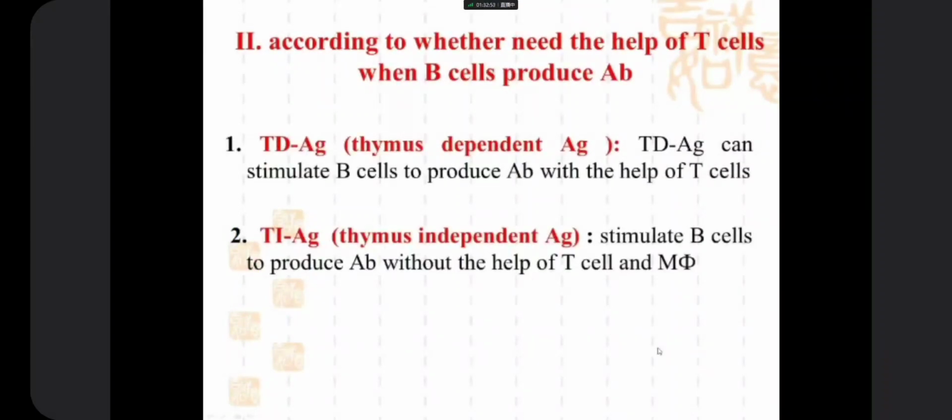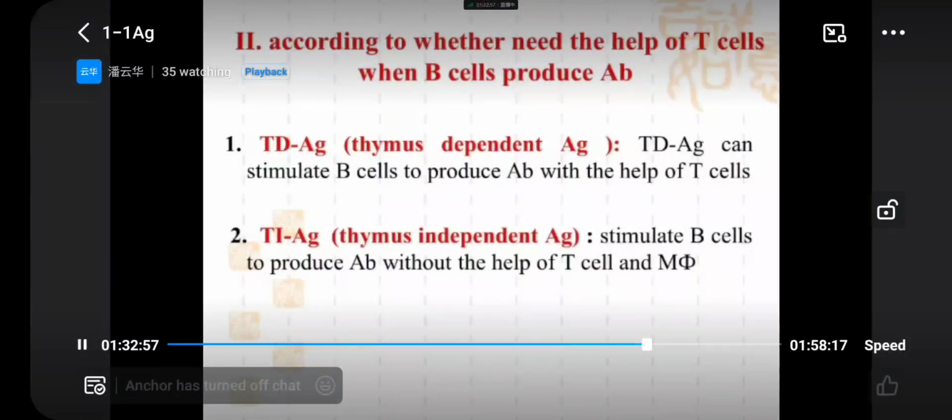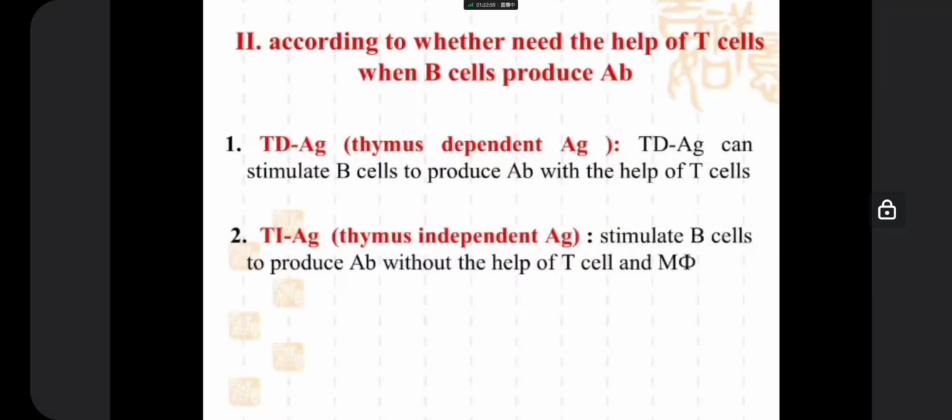According to whether B cells need the help of T cells when producing antibody, antigens can be classified into TD antigen, which means thymus-dependent antigen, and TI antigen, which means thymus-independent antigen.